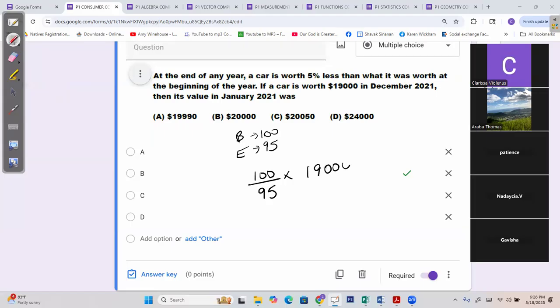I taught you this when I taught you how to find the original price of something. The original is going to be 100, and what it gave us is 95. We ended up the year with 95% because it dropped by 5%.